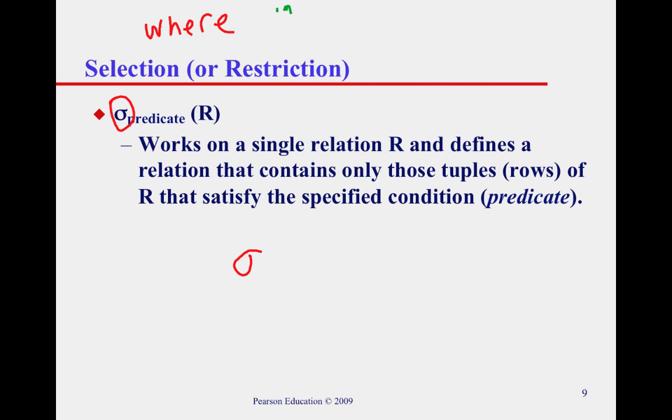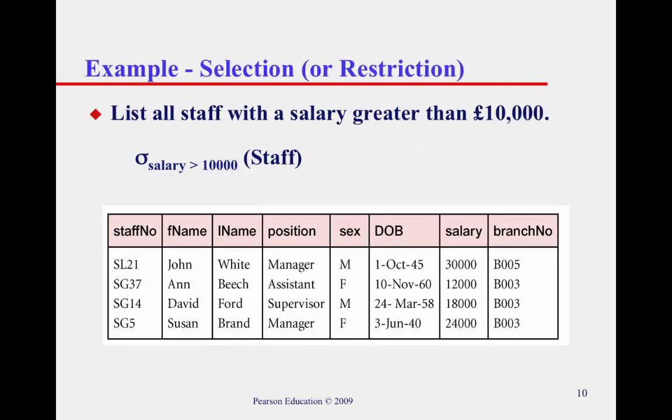It's sigma. So you write sigma, and then the where clause is a subscript. If you were doing this on a word processor, the predicate is a subscript. So sigma, subscript salary greater than 1,000, and then in parentheses is the relation name.